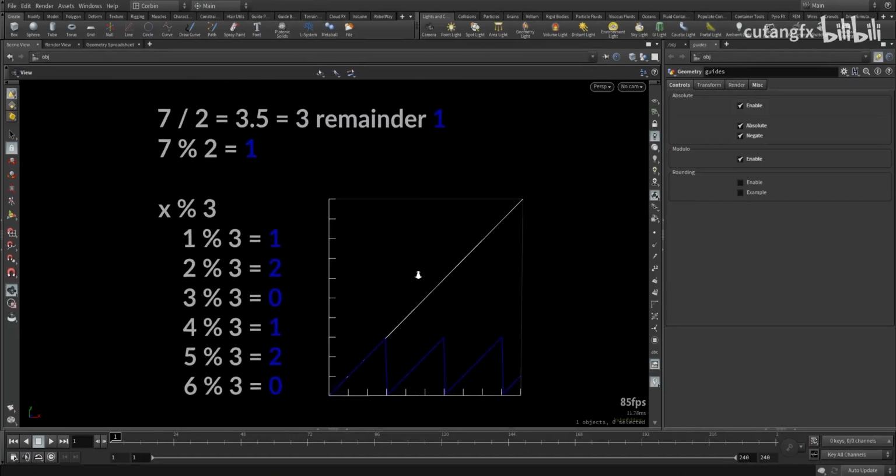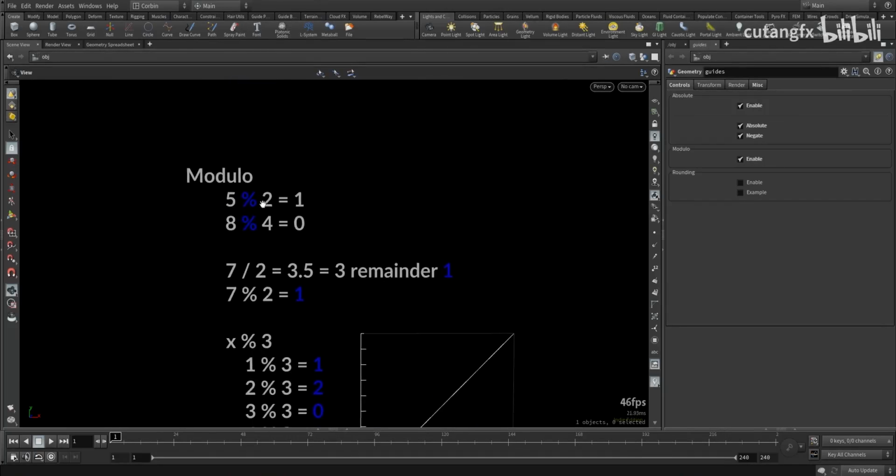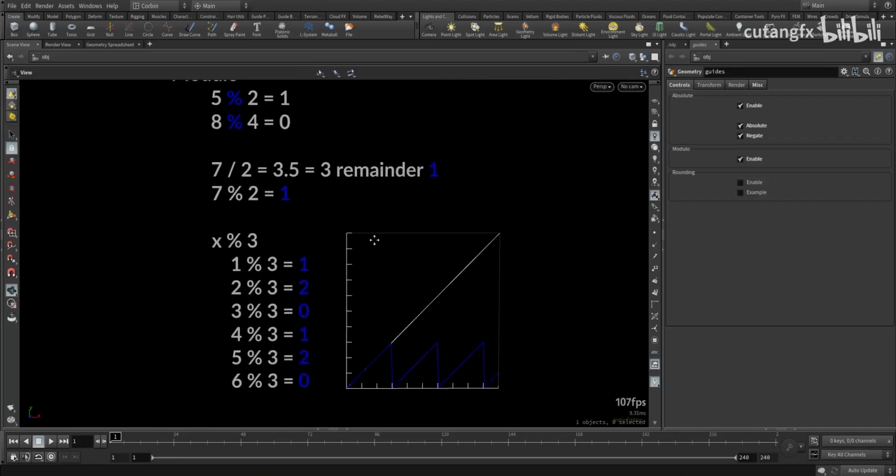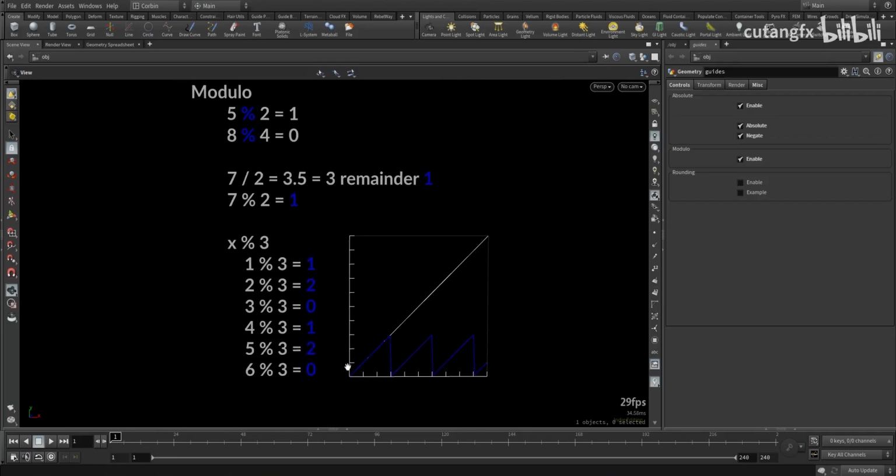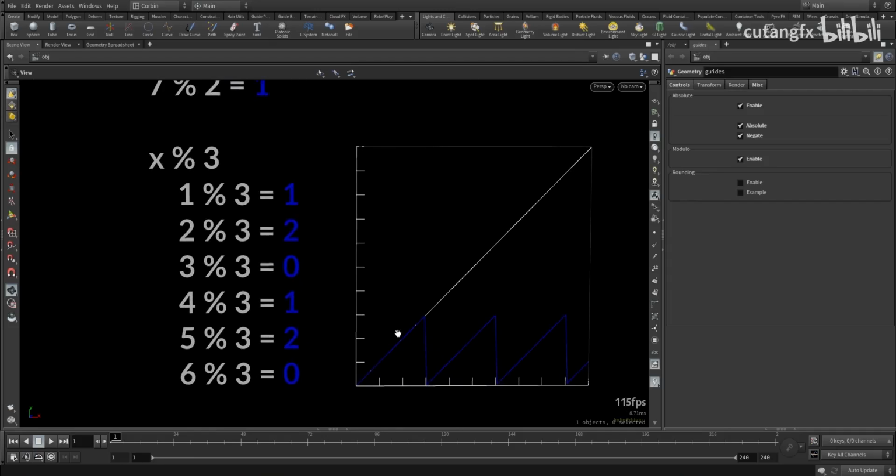Okay. So modulus, very often overlooked, but extremely useful, because a lot of the time we want looping numbers. Maybe we want some kind of repeated animation, or maybe to release some particles. So we release an increasing number of particles, and then we reset, and then an increasing number again.